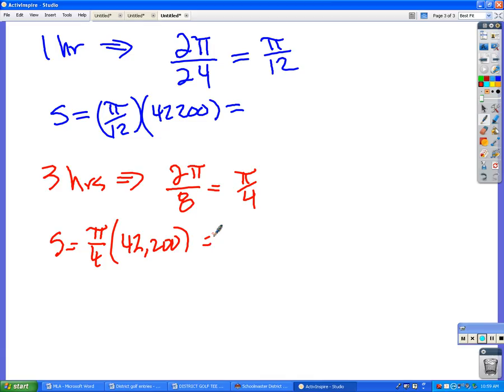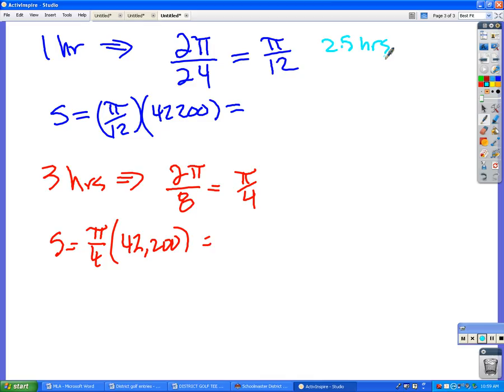All right, 2.5 hours, that's a little bit trickier. If I have traveled for 2.5 hours, how do I figure out what fraction of the whole 2 pi radians I travel in 2.5 hours?